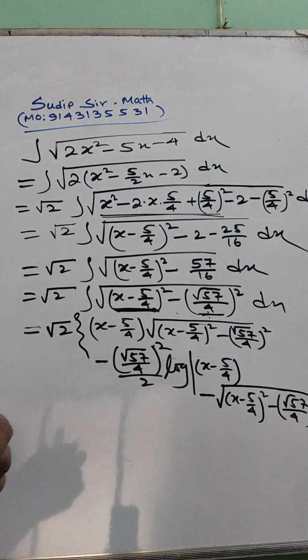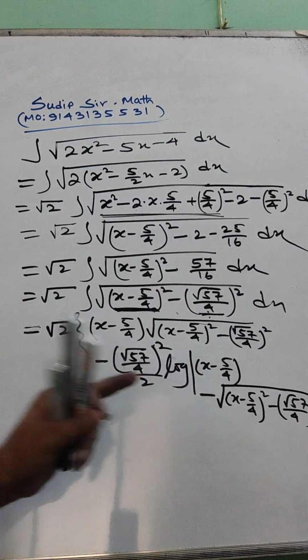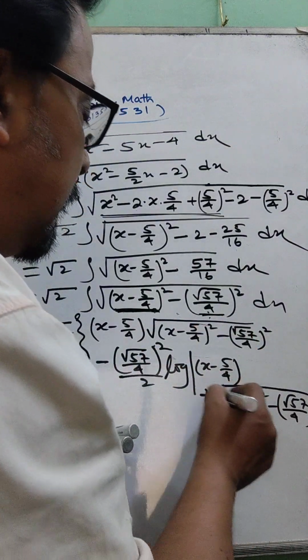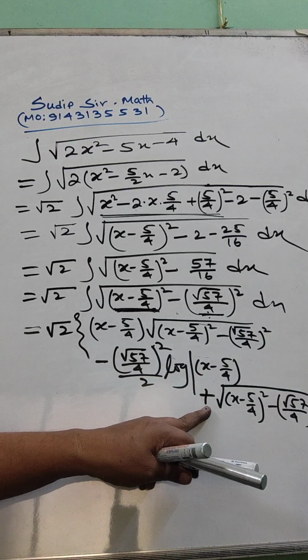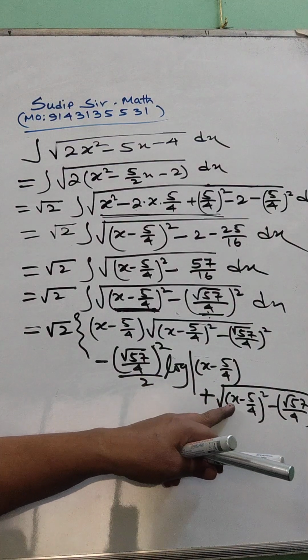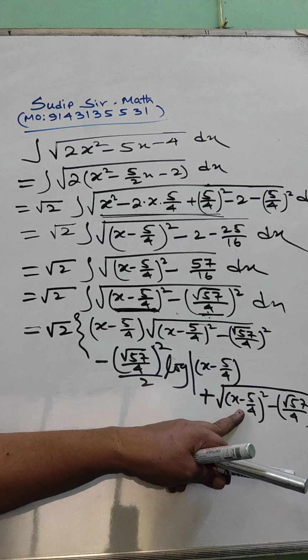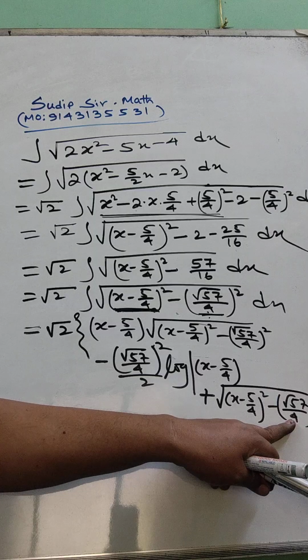So this part is plus. This part is x plus root over of (x minus 5/4) whole square, that is x square, and this is a square.